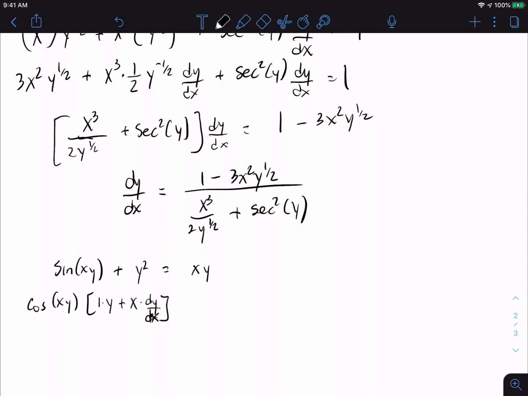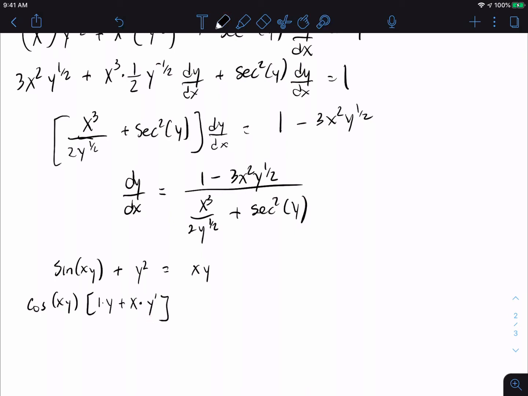Okay, Ray, where are you stuck on this? Why is it x times dy over dx? So why is this here? Yes. Okay, I can write it another way that may help you. Instead of writing it as dy dx, I can write it as y prime if you'd like. That's just saying that I'm taking the derivative of the y. So by the product rule, remember, the derivative of the first is 1 times the second plus the first times the derivative of the second.